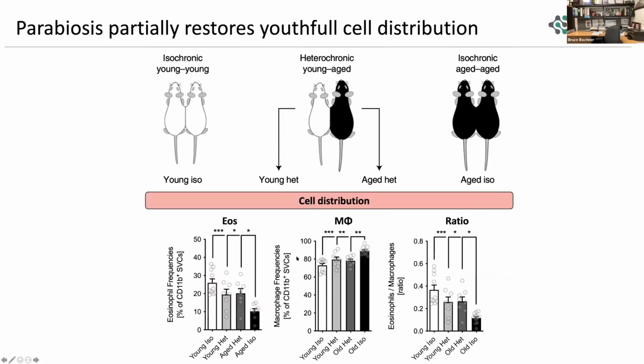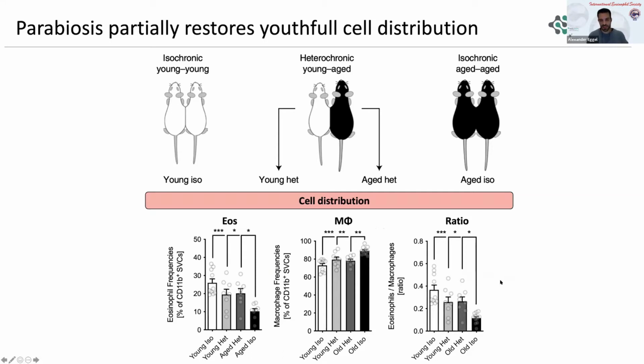And here is the quantification of these results. What's important to see here is that we get a partial rescue of the eosinophil frequency in the aged heterochronic mice, the macrophage frequency comes down, and obviously the ratio is partially restored.